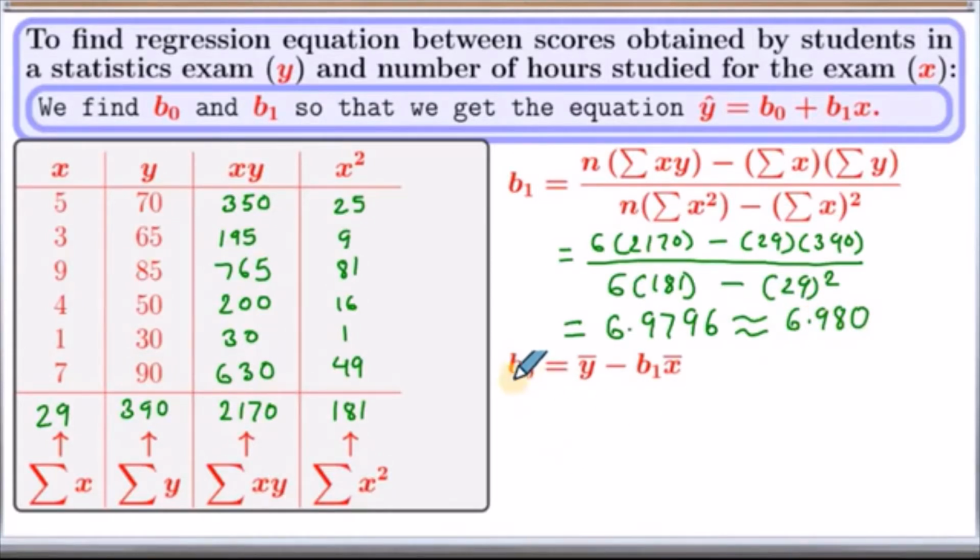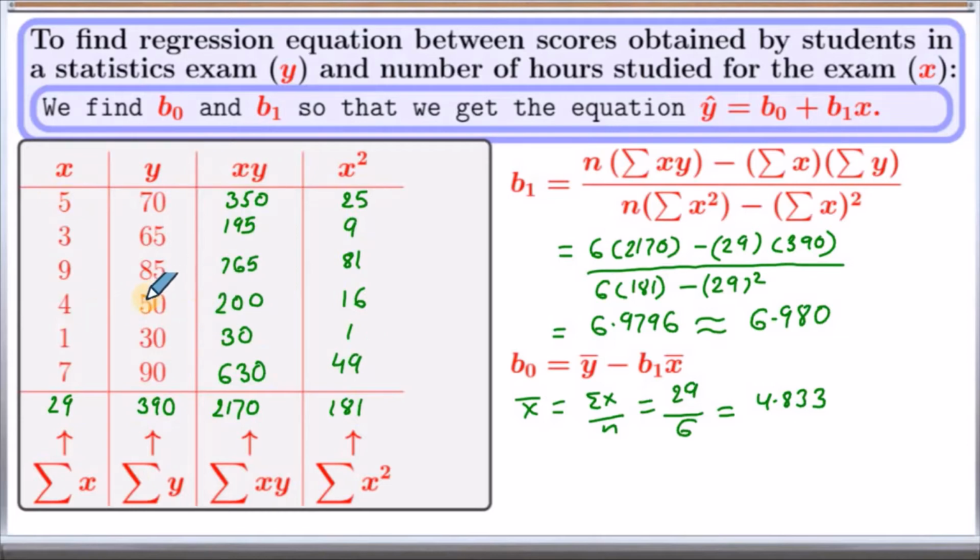Now let's find B0 here. So for that we need Y bar and X bar. So Y bar is mean of Y values and X bar is mean of X values. So for that, let's find X bar equals sum of X over N, which is 29 over 6, which equals 4.833.